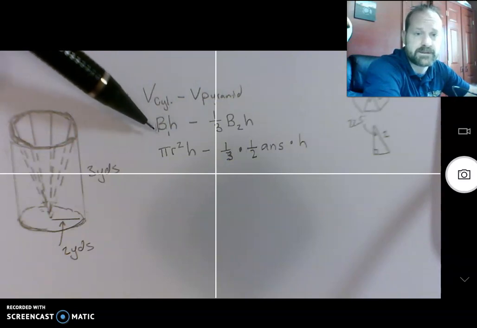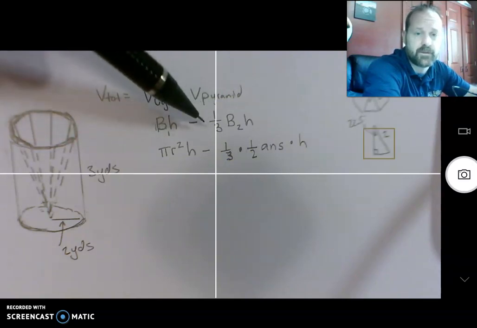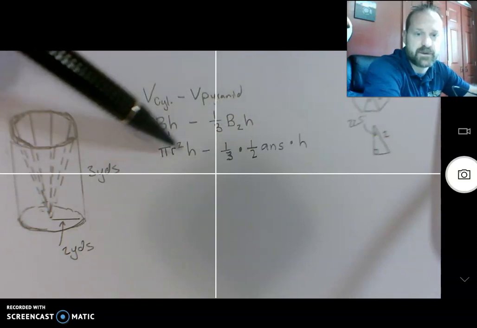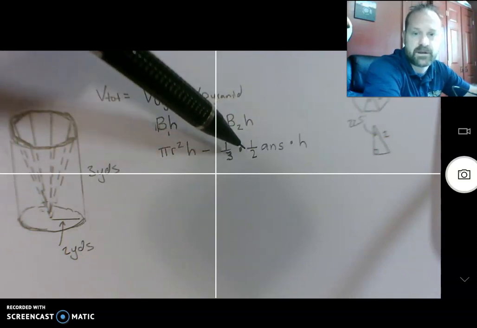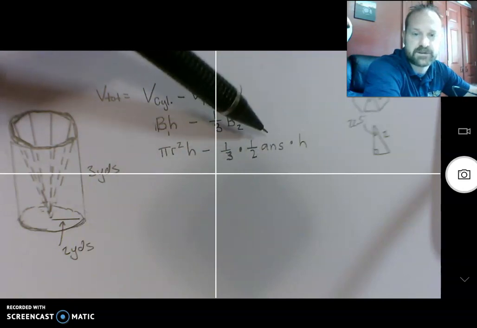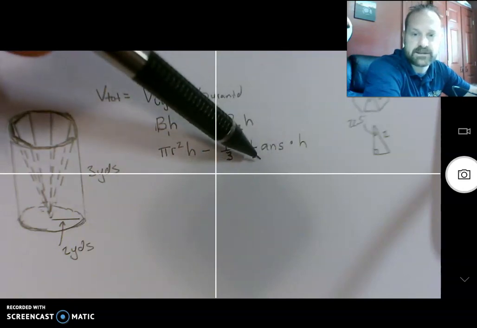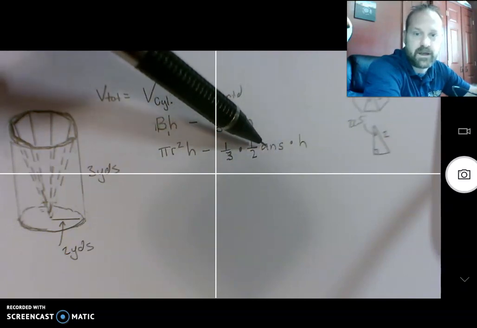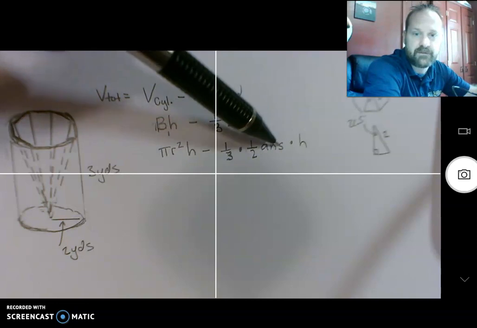Area of the base of the cylinder times the height, minus 1/3 base of the pyramid times the height. Height for both of them are the same. That's why it's this. Pi r squared h, no problem. 1/3 times 1/2 ANS. I know you guys use P sometimes. I like ANS, so it makes sure I get all the parts, times height. So problem: we got to find A and we got to find S.